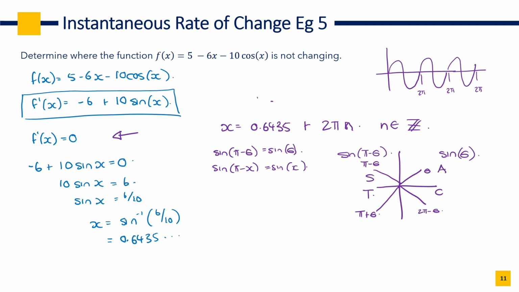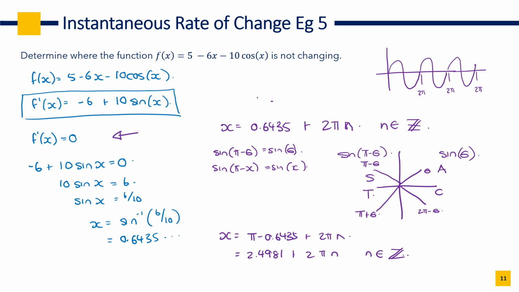So we have a second batch of x's to consider, and that is x is equal to pi minus 0.6435 plus 2 pi n, which is equal to 2.4981 plus 2 pi n, where n is an element of integers.